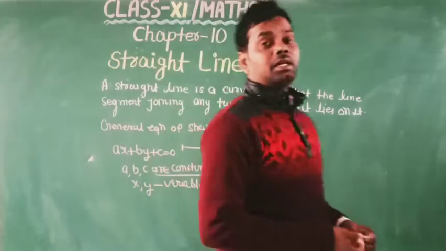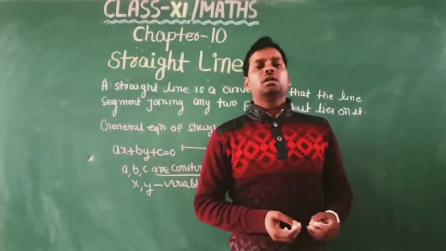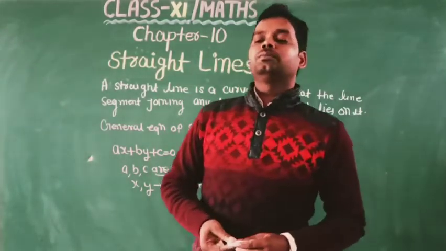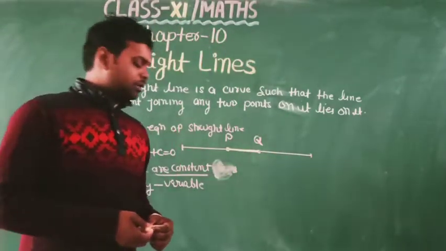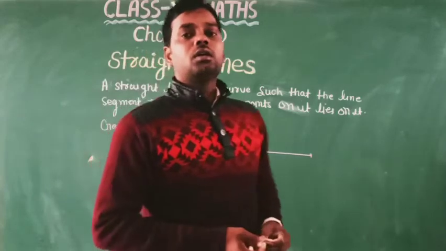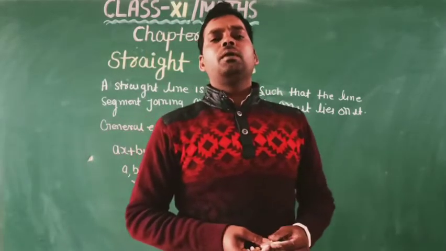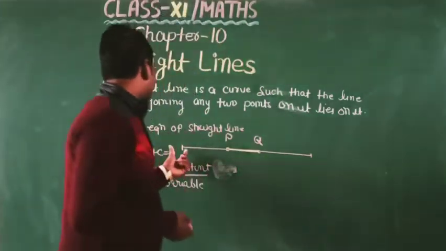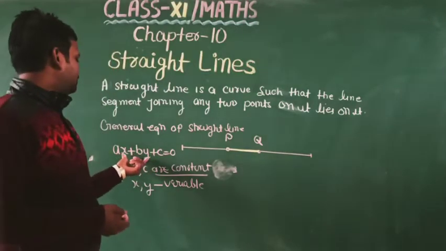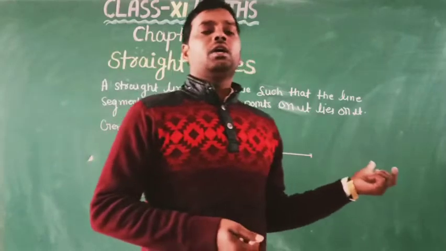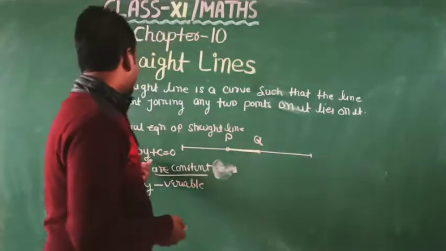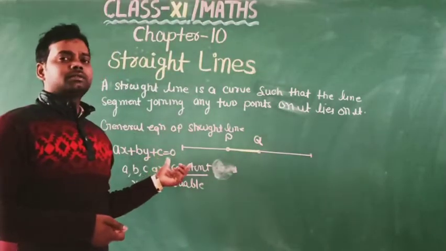So dear children, in this chapter basically we will learn the slope of a straight line and also different forms of the equation of a straight line in different conditions. We will find the equation of a straight line in different conditions.